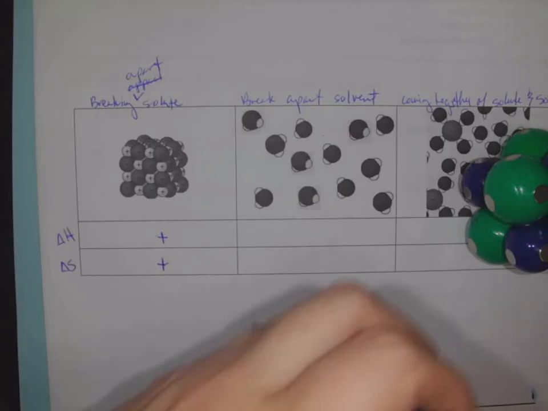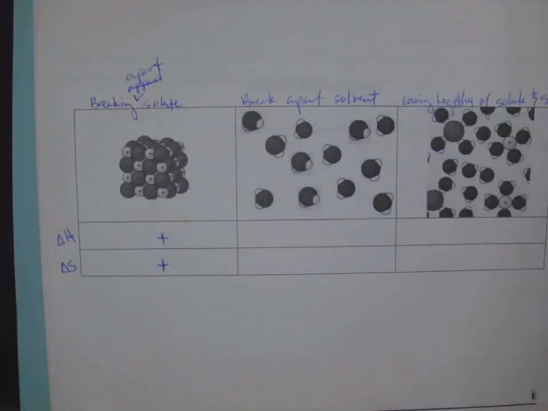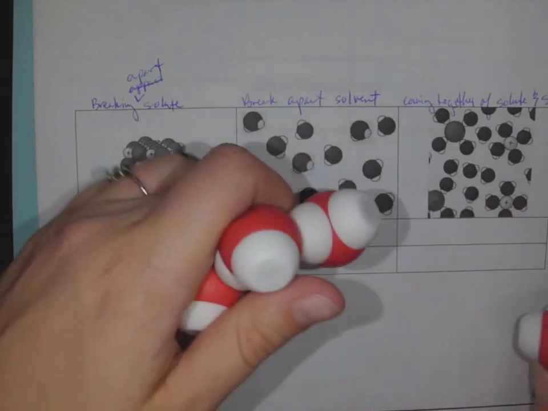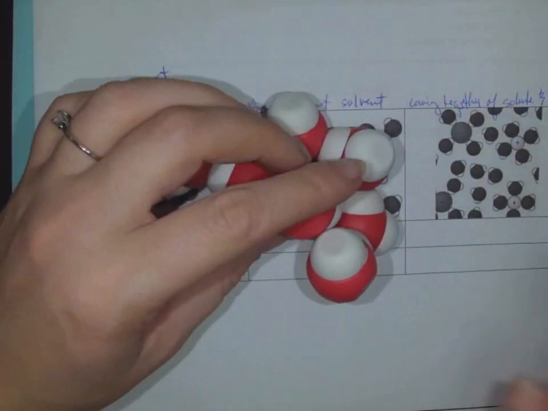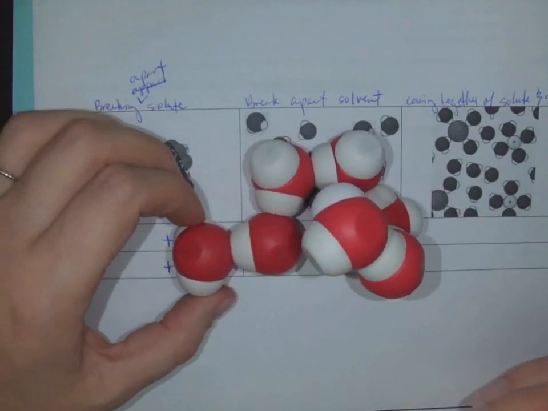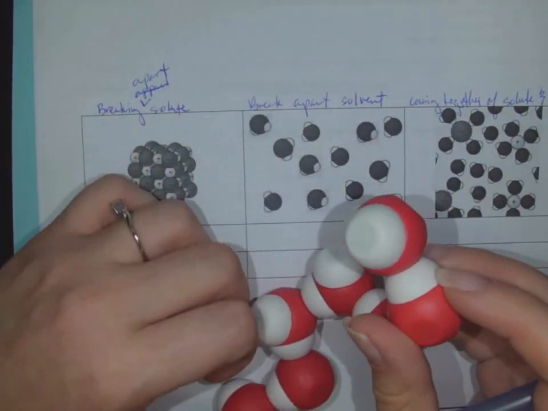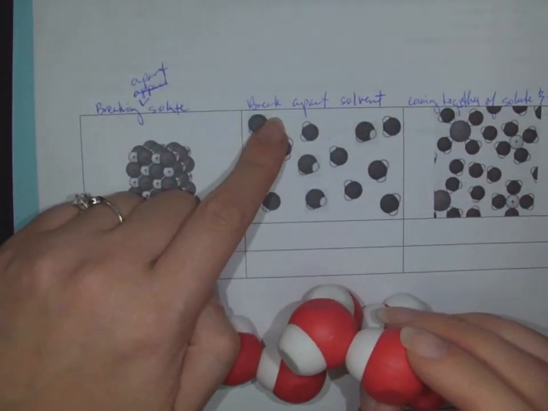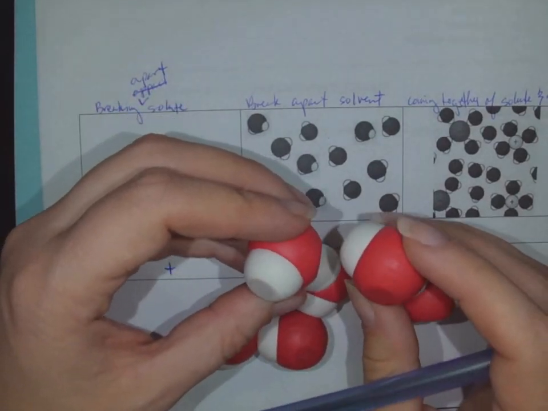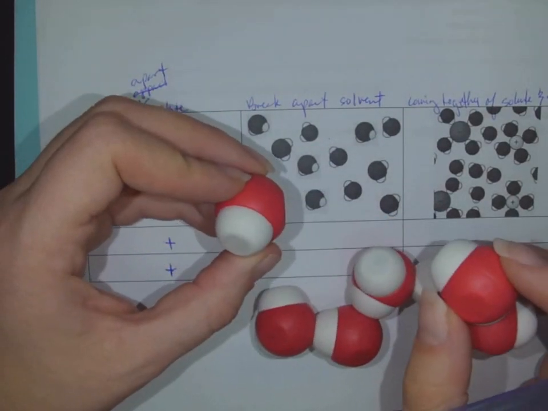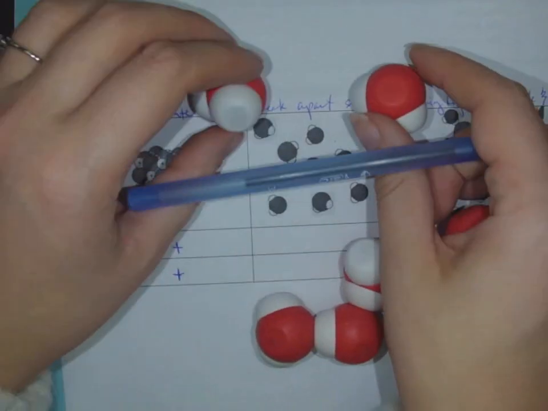I have to add energy to break it apart, and when I break it apart, it becomes more chaotic. Now, what about the water molecules? The water molecules like each other. We have these strong London dispersion, dipole, and even hydrogen bonding IMFs holding these water molecules together. And what if we break them apart so that we can fit our solute ions in there? I'm going to break this apart from each other.